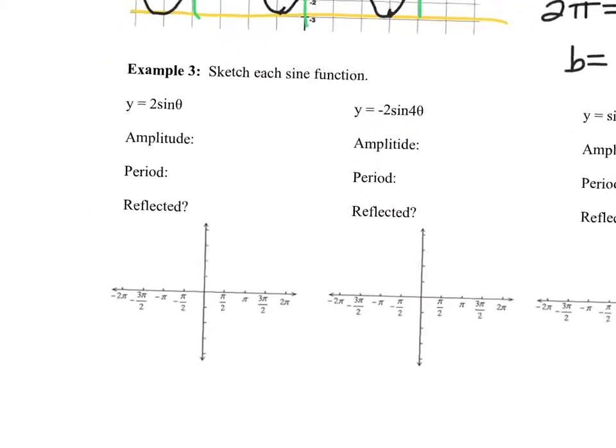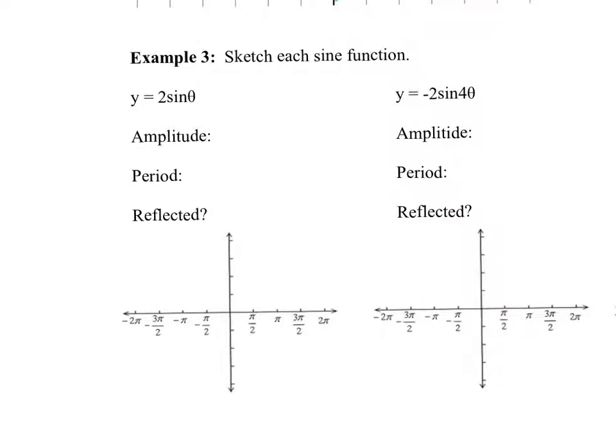And then down here, I'm going to sketch another graph. So just given the equation, the amplitude is going to be 2. The period, remember, is 2 pi over b. So this time I'm given the b. The b is the coefficient of theta. So in this case, b is 1. So 2 pi divided by 1 is just 2 pi. And it has not been reflected because this is a positive number.